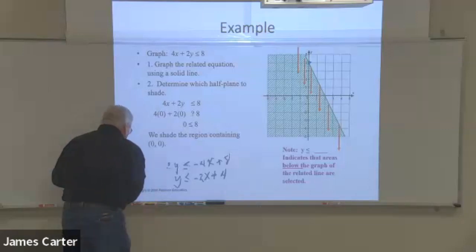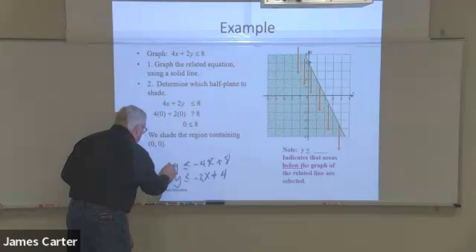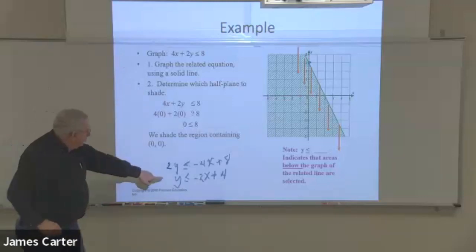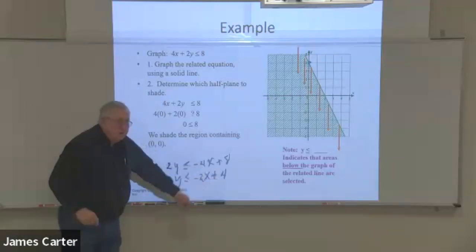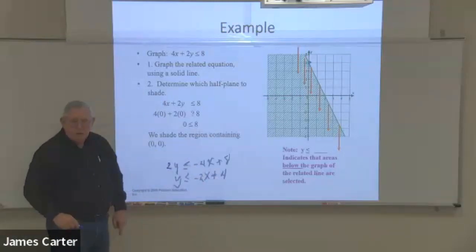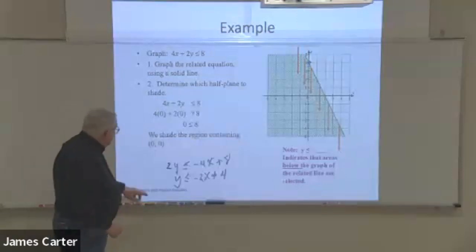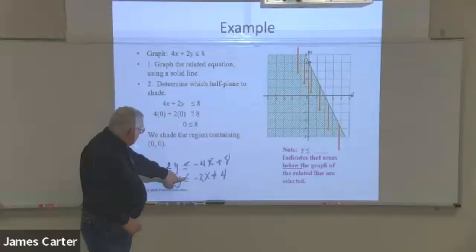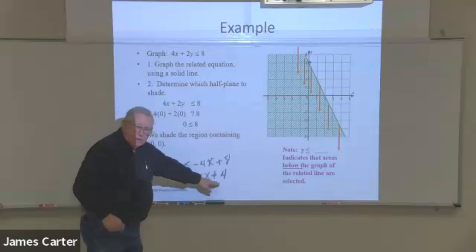And by the way, there needs to be a 2. This is supposed to be a 2 right there. We're going to convert that into y = mx + b. So what we're saying now is this time the region is all the points below or on the line defined by this.